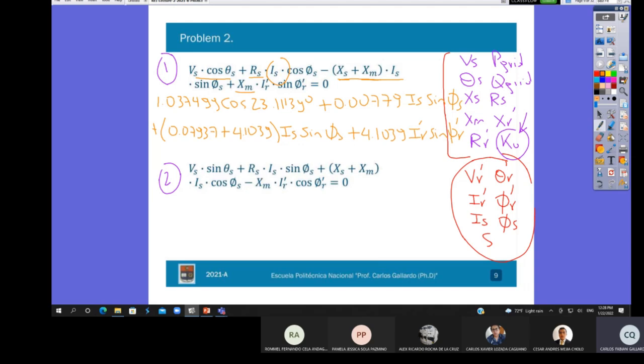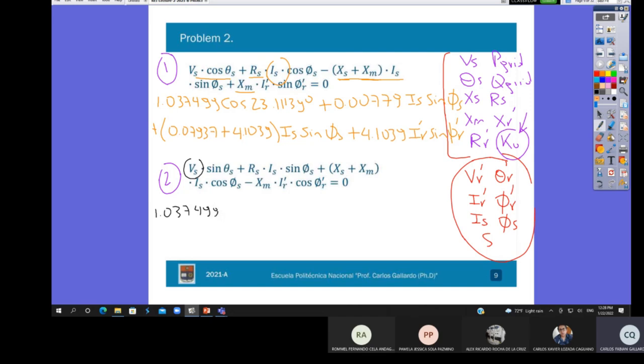What about the second equation? Once again, substituting the values, I will have the stator voltage, which we have already computed in the initialization of the power grid, equal to 1.037499.